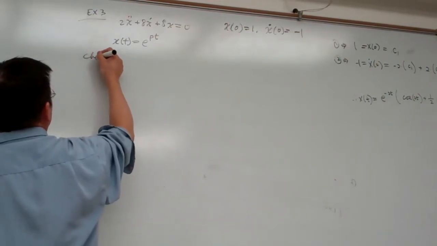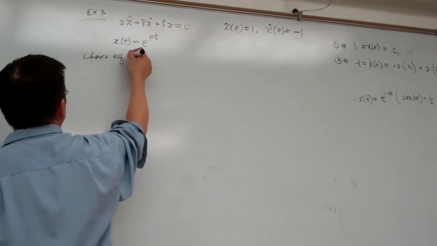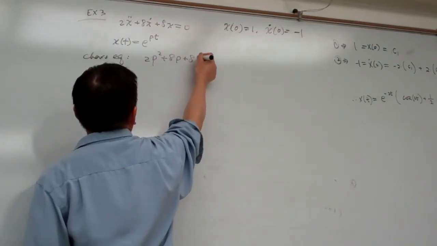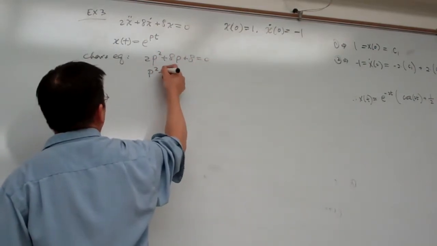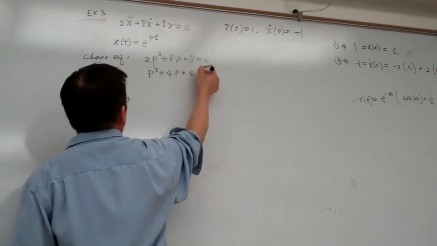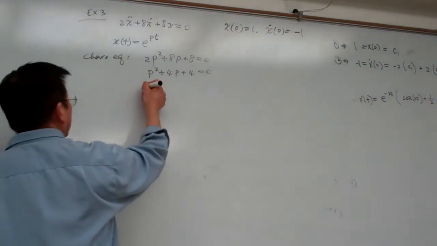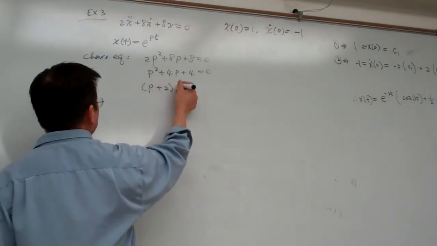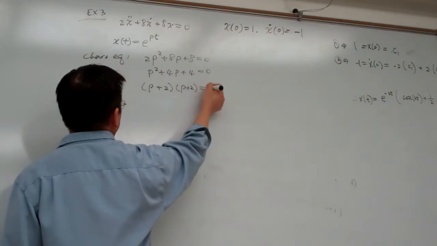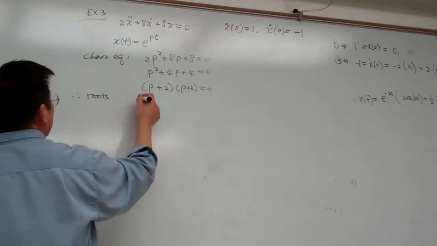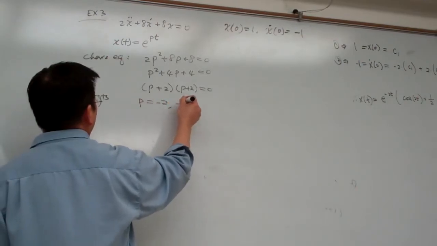So therefore, the characteristic equation is 2p squared plus 8p plus 8 equal to 0, or p squared plus 4p plus 4 equal to 0. Okay, so again, this one, if you factorize, that is (p plus 2)(p plus 2) equal to 0. So therefore, the root is p equal to minus 2 and minus 2.